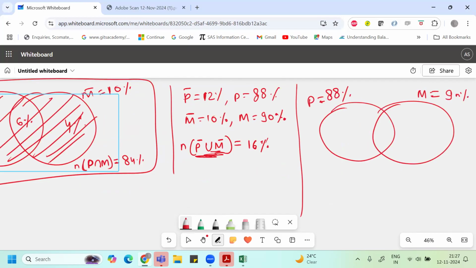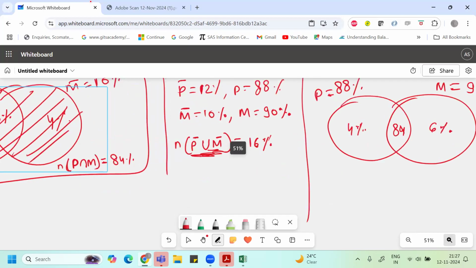And the total number of students who passed in both physics and maths, I got as 84. So this would be 4. And this would be 6. You understood, right?